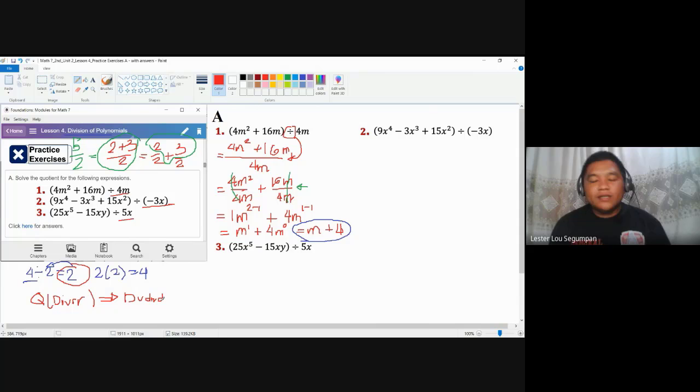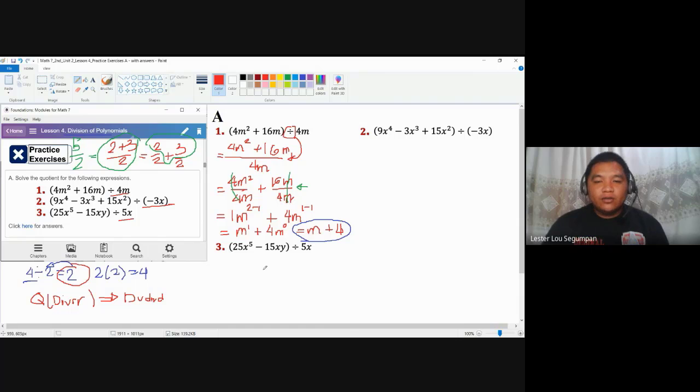If it will not return to the value of the dividend, then you have two concerns. Number one, your quotient might be incorrect, or number two, your checking is maybe incorrect. Okay, so it's up to you if you will still use this, but I am encouraging everyone to check.